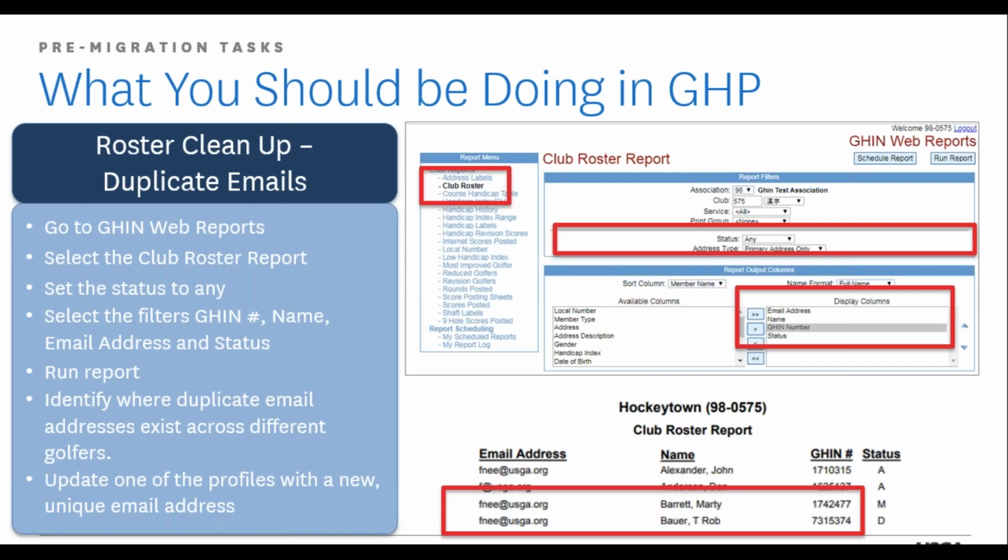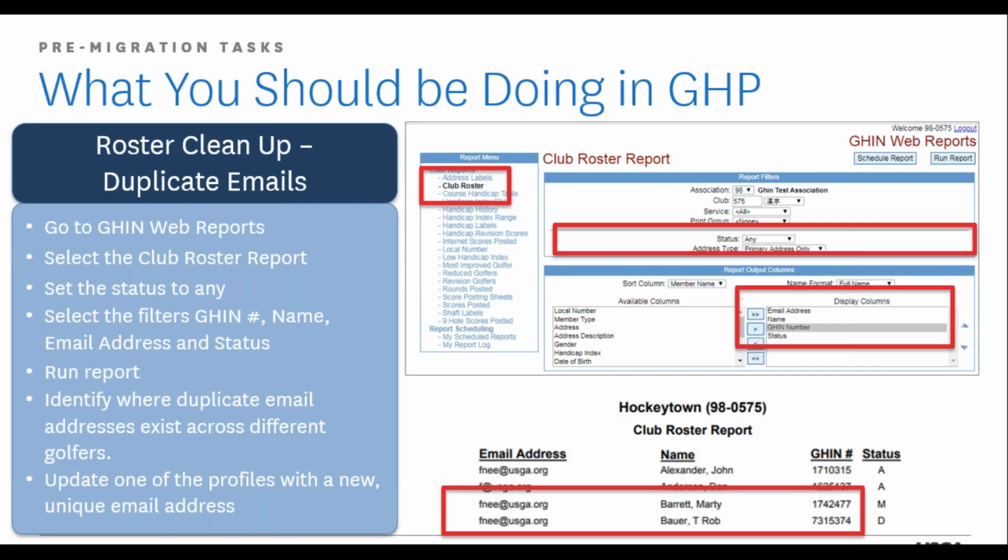So once again, to do that, you want to log into GHP Club. In this case, we want to go back to the web reports because we'll be able to pull up a report of just email addresses. When you're in the web reports, you want to select the club roster, and then within the club roster, select the parameters that you want.